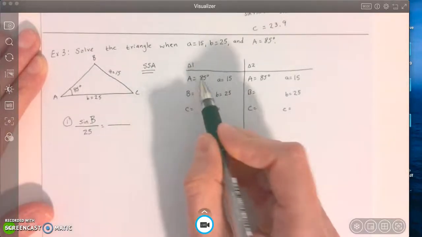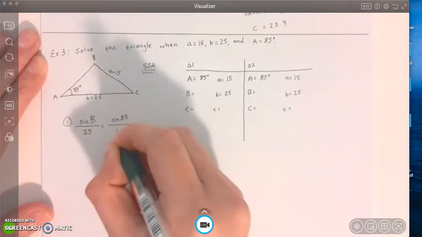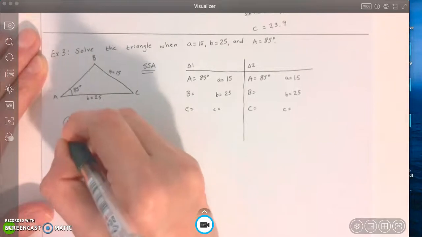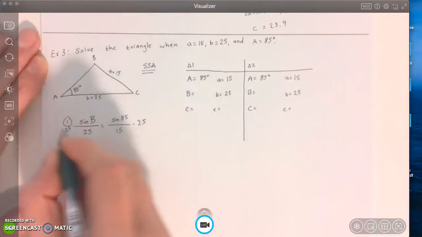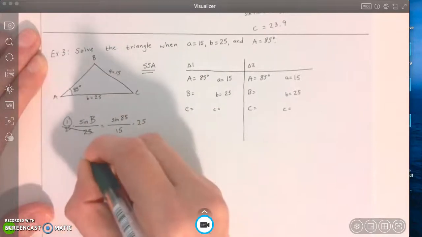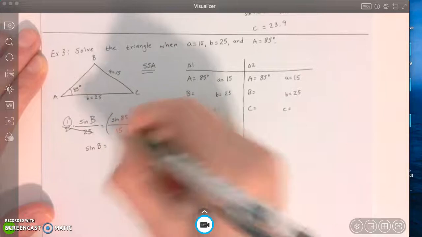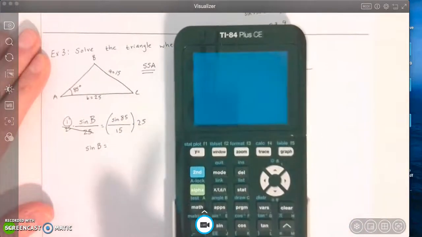So I'm going to do sine of 85 degrees all over 15. All right, so I'm going to do times 25 on both sides. These cancel out. So I'm left with sine of B equals, and I'm going to go ahead and plug that into the calculator.